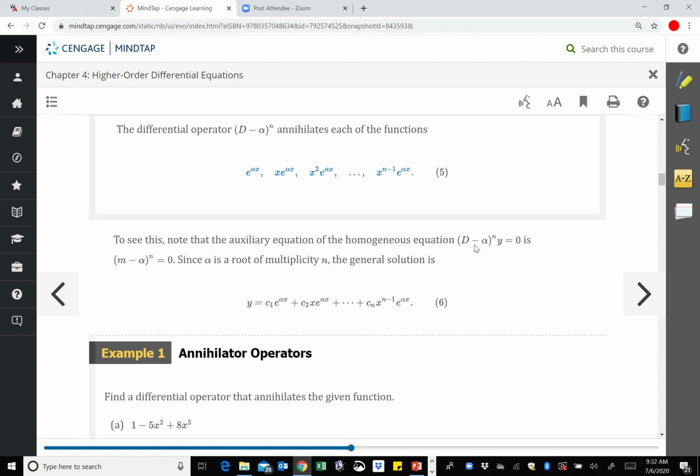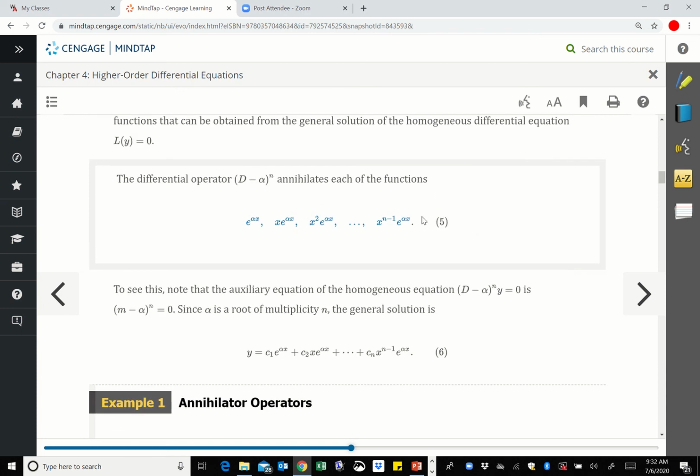repeated root, we needed the solution to be of the form e to the mix, and then for every time that root got repeated, to make things linearly independent, we had to add additional powers of x. Same thing here too. So this would be a general solution to this homogeneous differential equation, which means that (D minus alpha) to the n would be an annihilator for each of those functions.